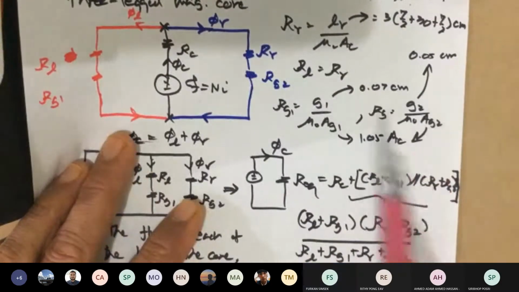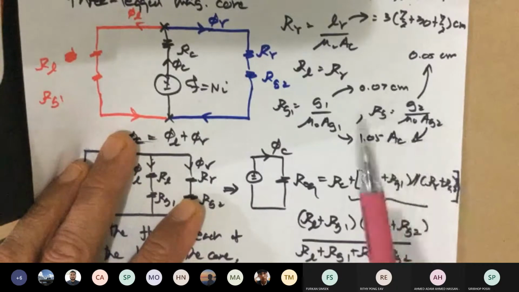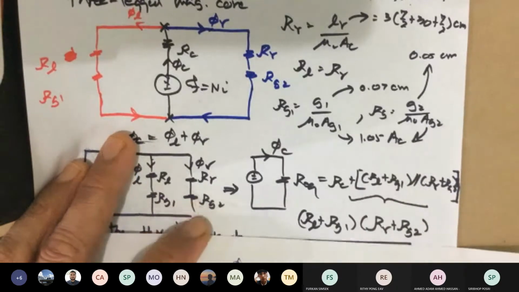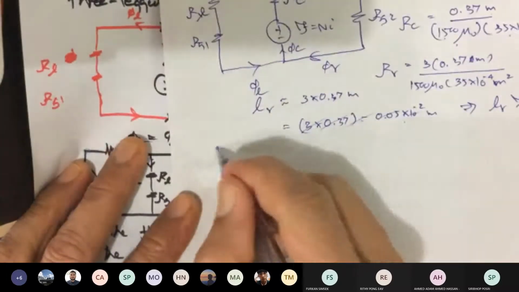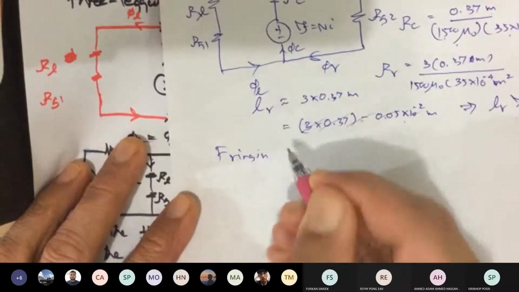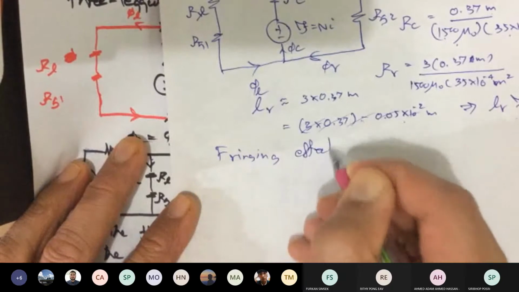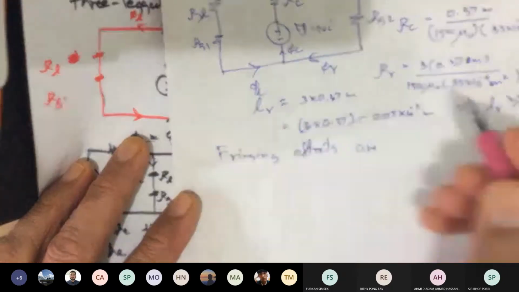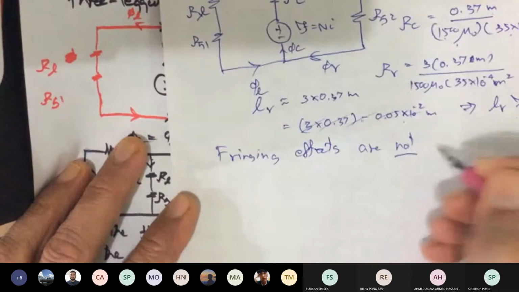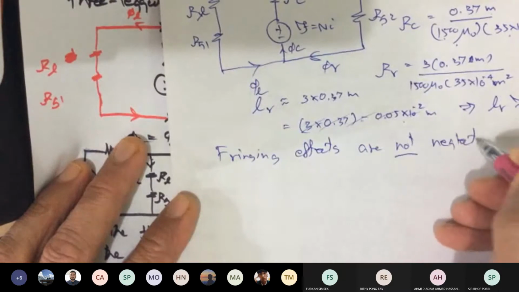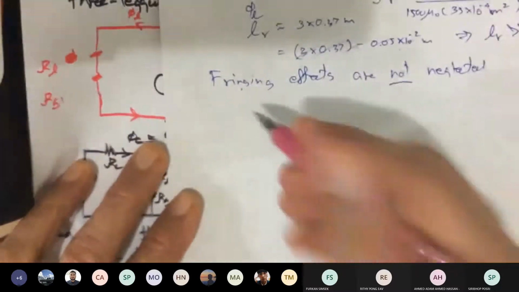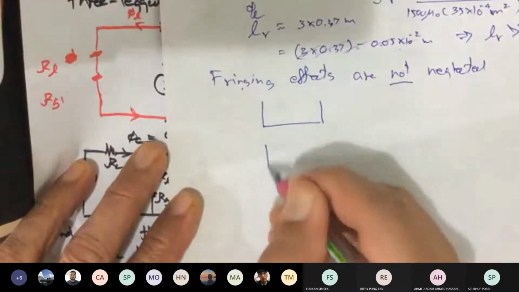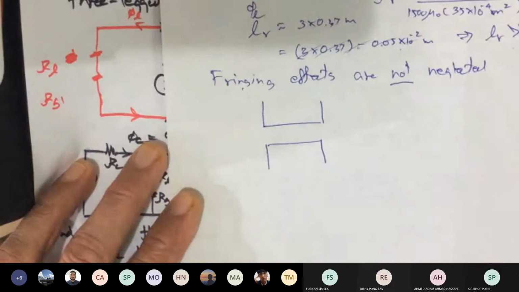Now, notice that in this problem, the problem states that fringing effects are not neglected, because there are 2 air gaps. Remember the fringing effect that we talked about last time, is when the flux passes through the area, in a 2-dimensional drawing.